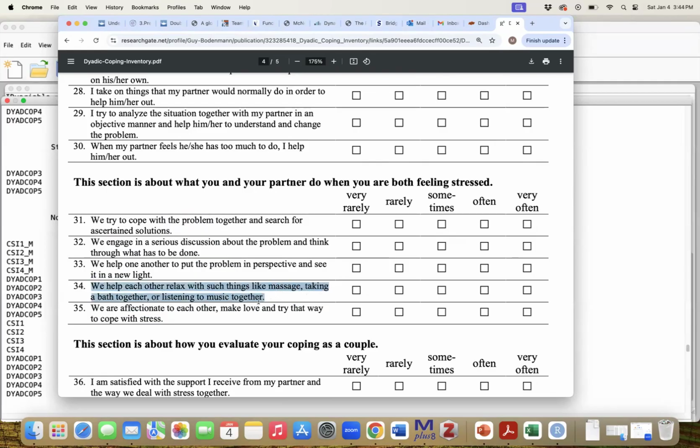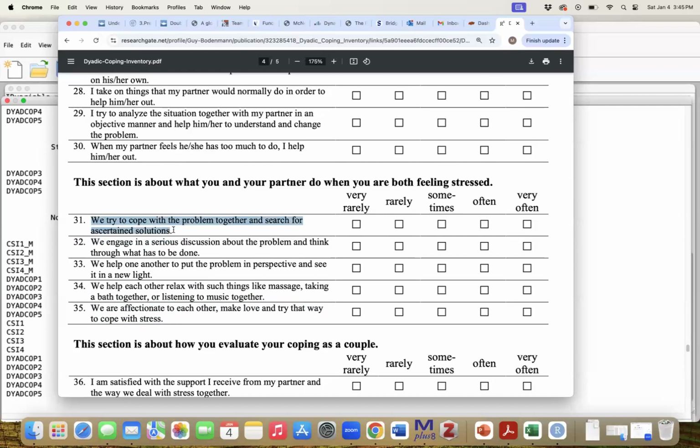It's like we kind of distract ourselves, or perhaps this is how we recharge from stress. This isn't stress communication, really. We are affectionate towards each other. Again, this is kind of the same thing where it's not really about stress communication. And if you recall, I set the scale of the latent variable with this one.